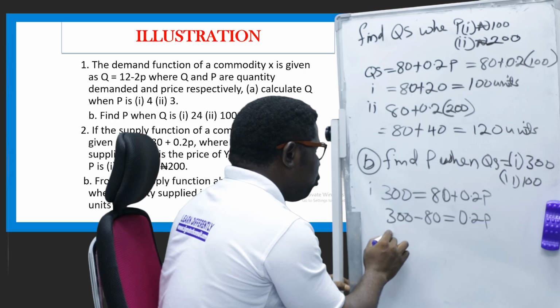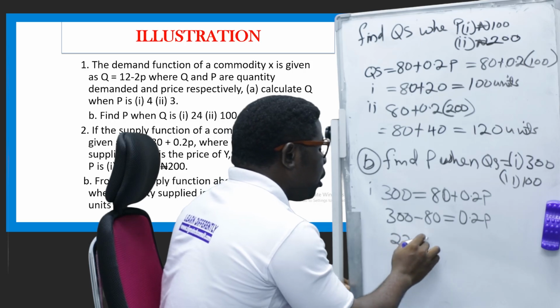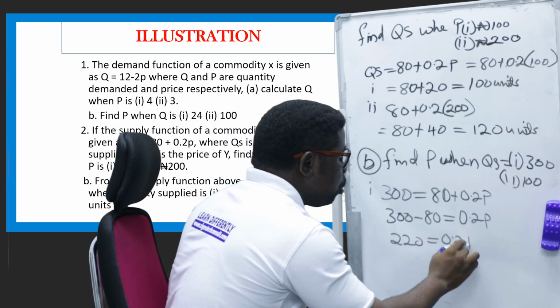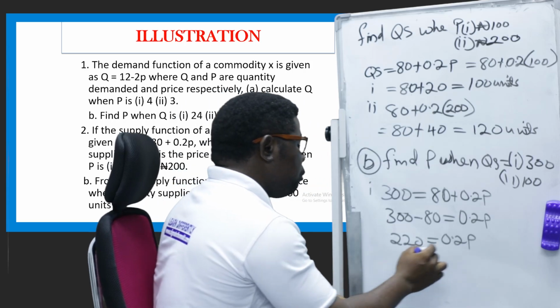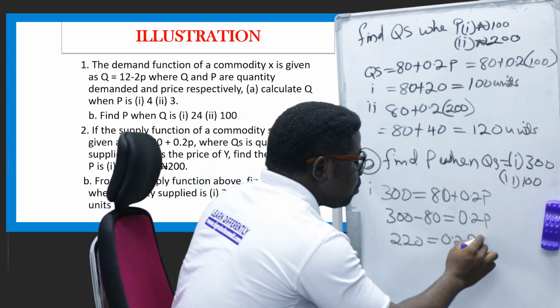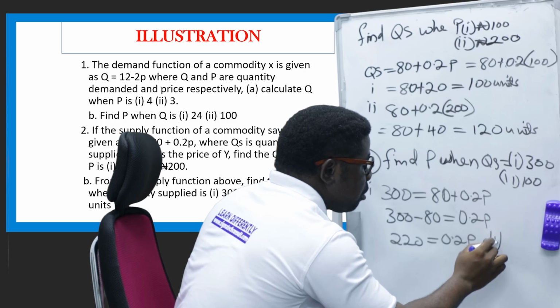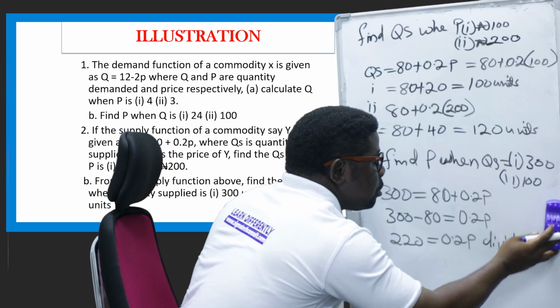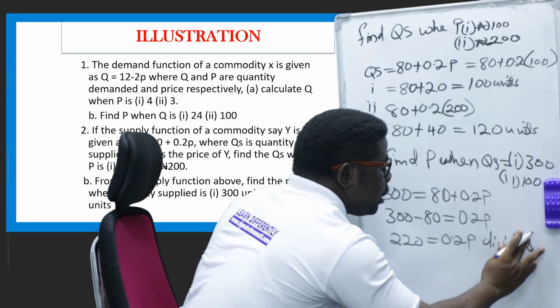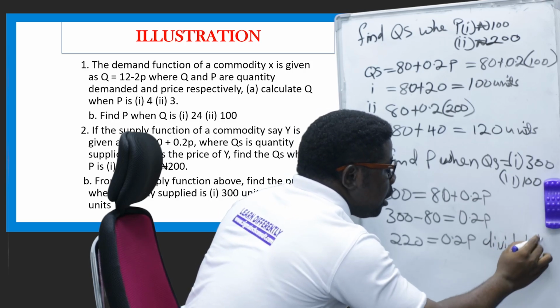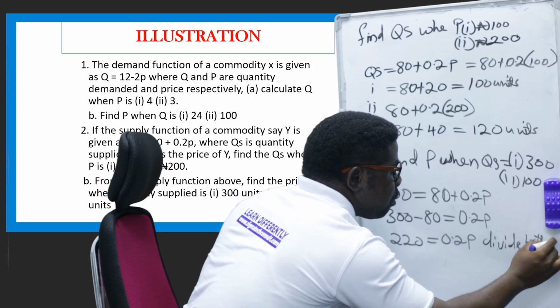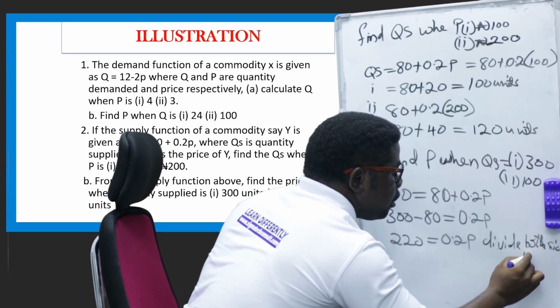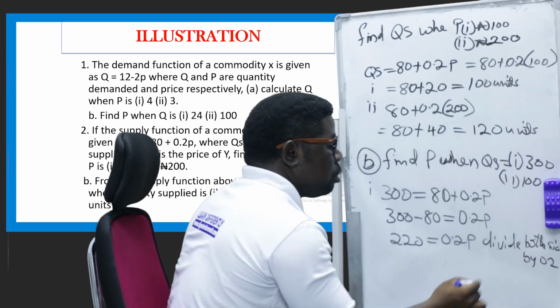You have 220 is equals to 0.2P. Okay? So divide both sides by 0.2.